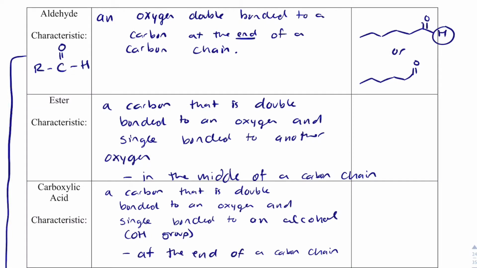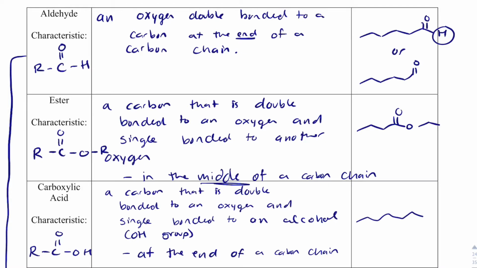So we're going to get RCO double bonded, and then that R is going to keep going because this is in the middle of a chain for an ester, where for carboxylic acid, we'll get an OH because it'll be at the end. So we might get something like this, 6 carbons. We might get something like this for a carboxylic acid to be at the end of the carbon chain.